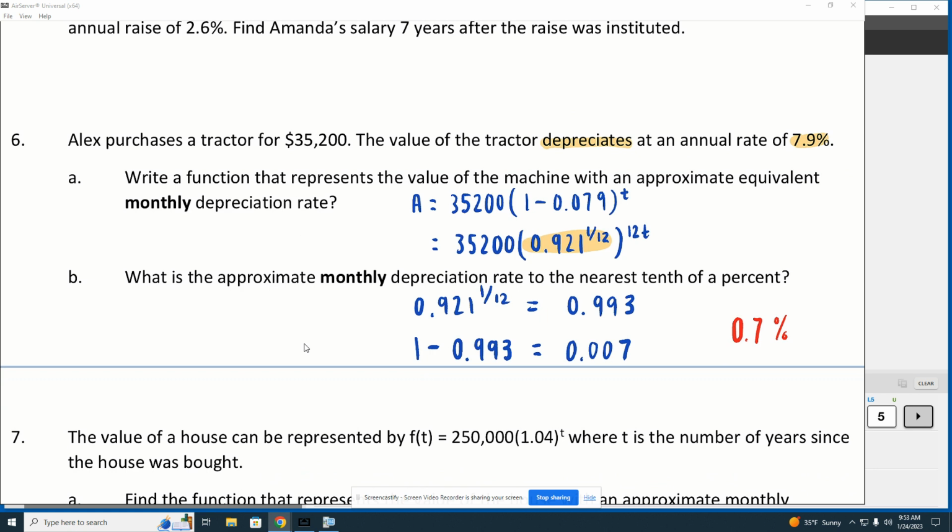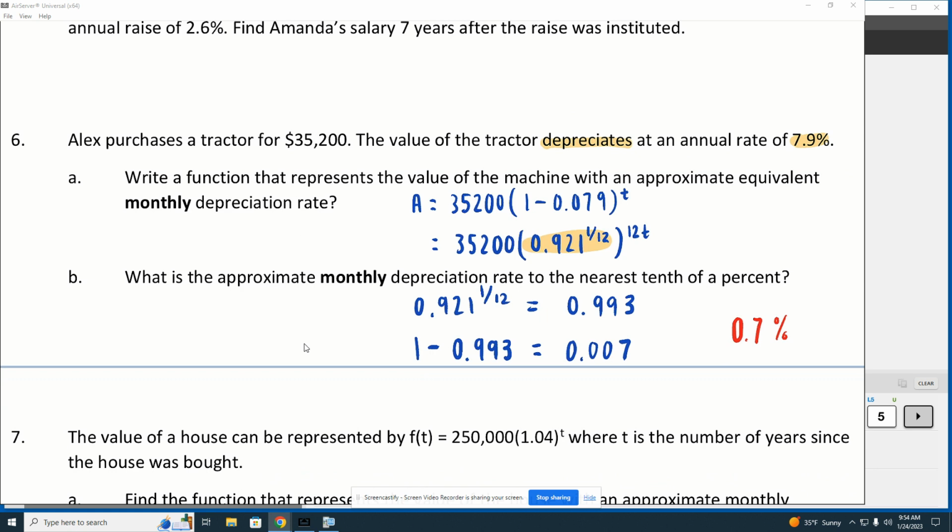Okay, per year, it was 7.9%. Per month, it's 0.7%. Okay? I think I may have mentioned this yesterday. I don't remember if I did it in every class. But somebody asked me in 4th period, why can't you just take 7.9 and divide it by 12?